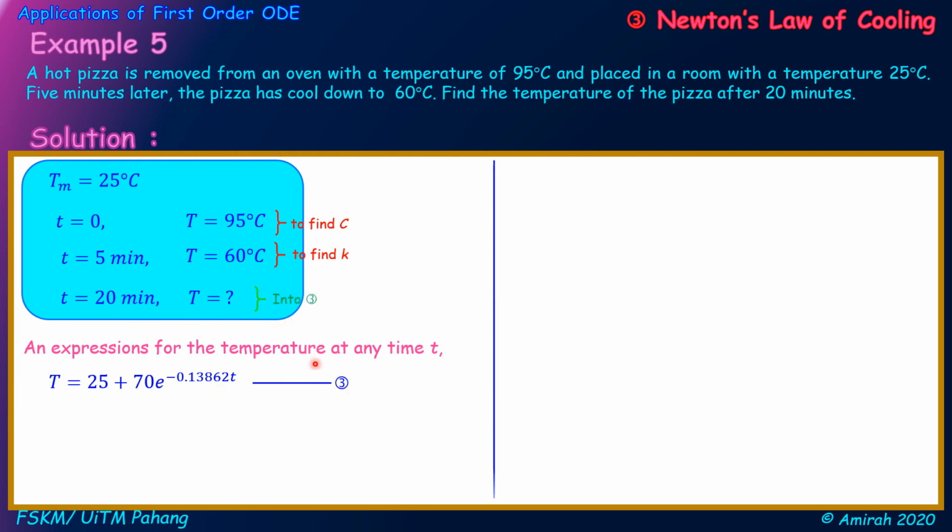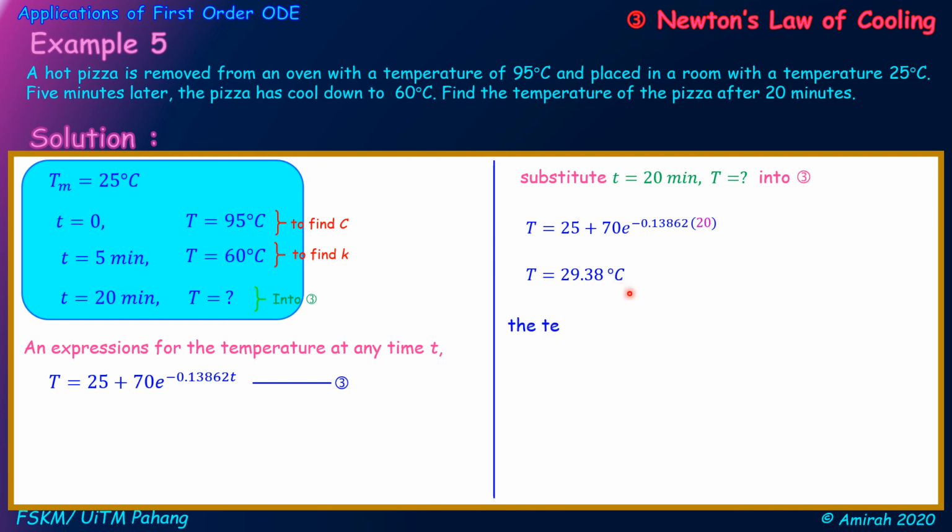We substitute t equals 20 minutes, then we can find temperature T. Then we can calculate using a calculator. So we get temperature equals 29.38 degrees Celsius.